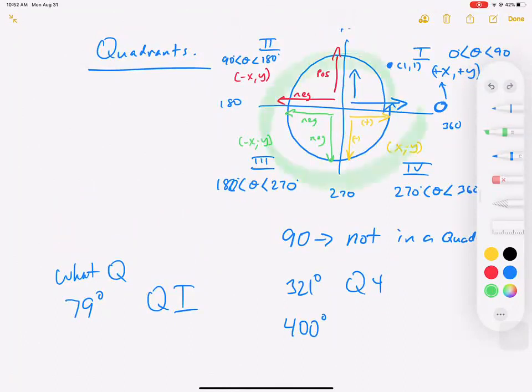And isn't 400 just a little bit over 360? So we're stuck in quadrant 1 again. So these quadrants don't go 1, 2, 3, 4, 5, 6, 7, 8. They go back and they repeat. 1, 2, 3, 4, 1, 2, 3, 4. So this is back to quadrant 1, because after my first circle, we're back to quadrant 1.